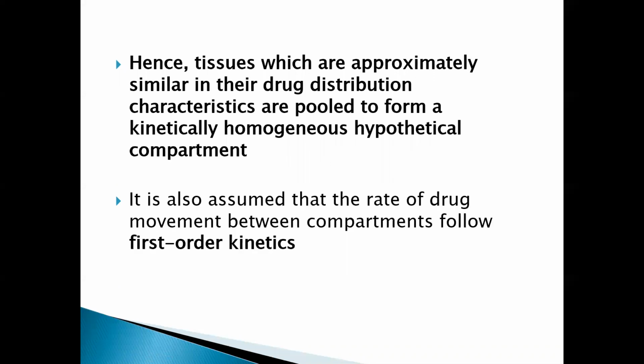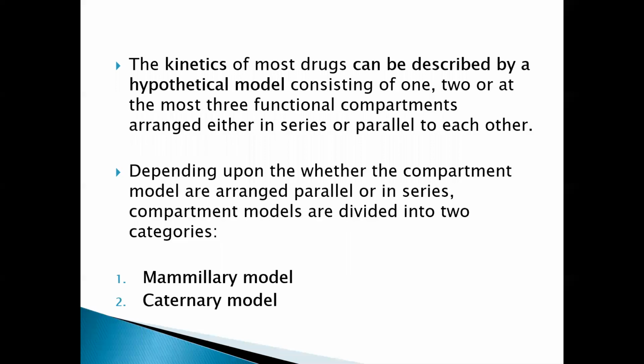So the kinetics of most drugs can be described by this kind of hypothetical model consisting of 1, 2 or at the most 3 functional compartments arranged in series or parallel to each other.